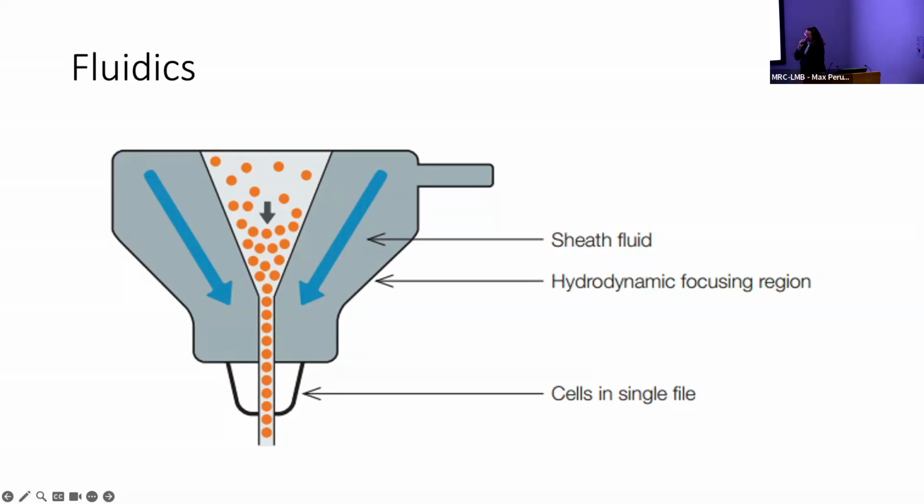To be clear, in ideal conditions there's no mixing of the outer sheath with the inner core of fluid. It's centered and focused by the Bernoulli effect, and it allows the cells to come down into a single stream for single cell interrogation.